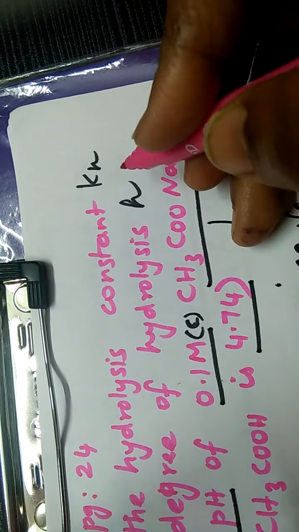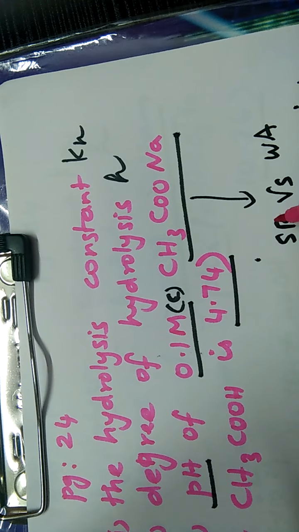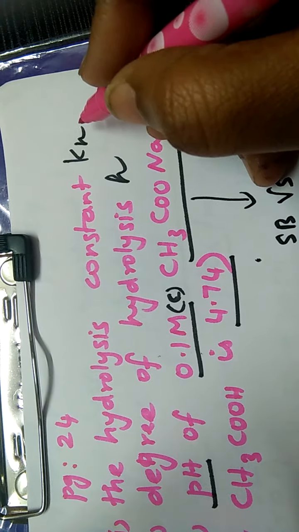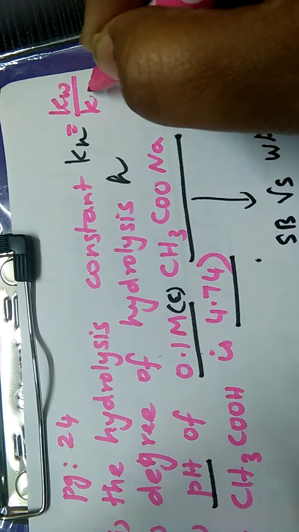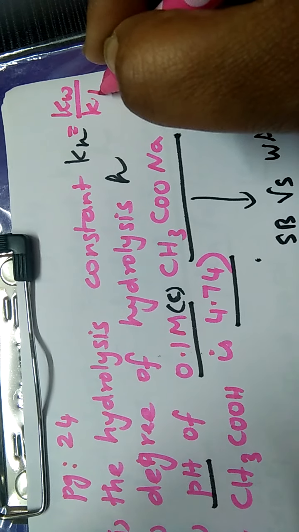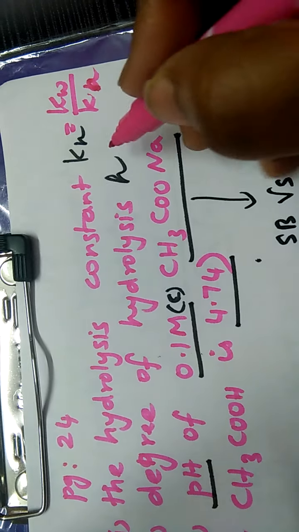What is Kh? Because I already told you strong base and weak acid are involved, weak acid is involved, so Kh will be equal to Kw by Ka. What is H?